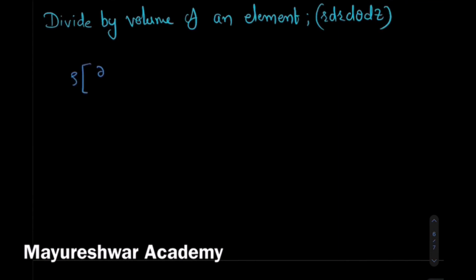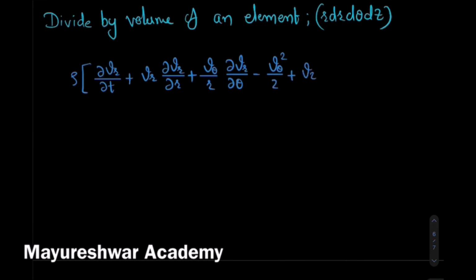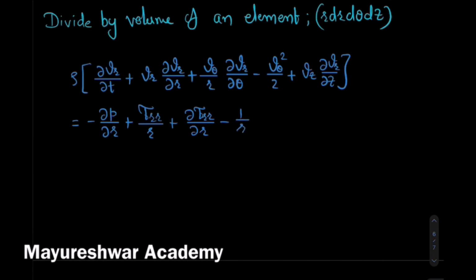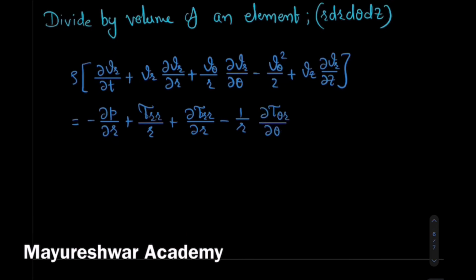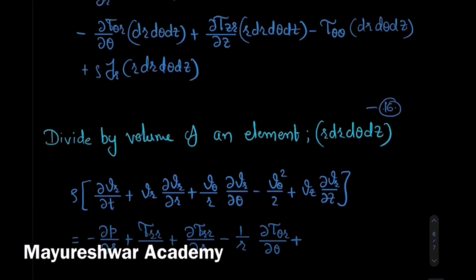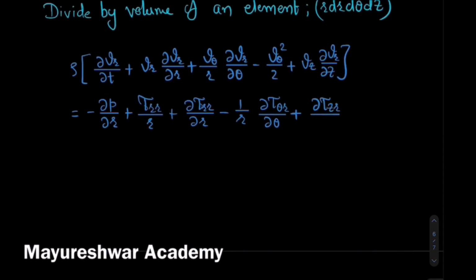Okay, so let us rewrite all the components now, which are local derivative plus convective derivative terms: Vr dVr dr plus V theta over r dVr d theta, minus V theta squared over r, plus Vz into dVr dz, and minus pressure gradient plus normal stress component, and then we have its rate of change, minus 1 over r times shear stress component, which is d theta of tau theta r, plus shear stress component along r direction of z plane, so along dz, minus tau theta theta over r, and plus body force component.